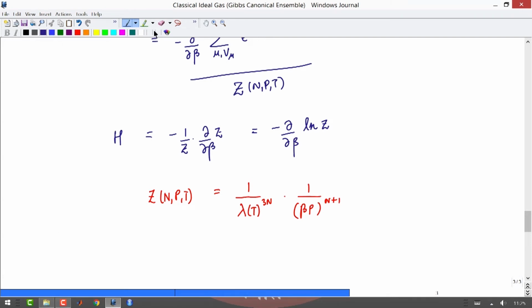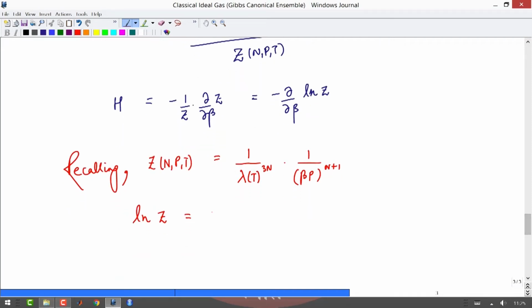And if I recall that my partition function is given by this expression, I can compute ln Z as simply minus 3N ln of lambda T minus (N plus 1) ln of beta P, which means minus ln Z will become plus on both the terms.